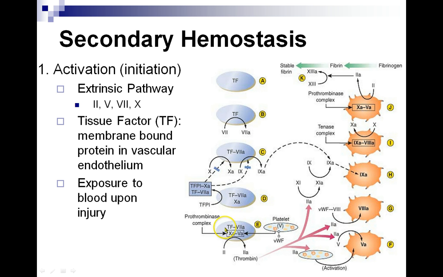And ultimately, the tissue factor 7A, 10A, 5A complex can find factor 2, also known as thrombin, or actually prothrombin, and activate it to become factor 2A, which is thrombin. So if we had to summarize the activation pathway or the extrinsic pathway, it would be tissue factor involving factors 7, 10, and 5 to create activated thrombin.